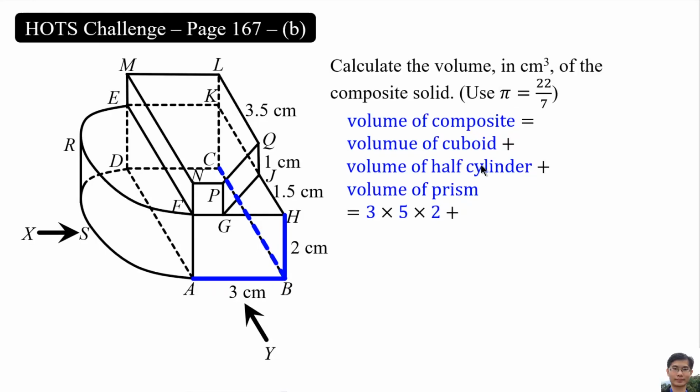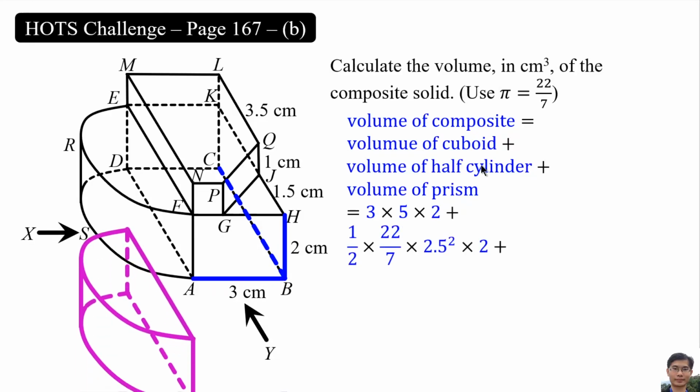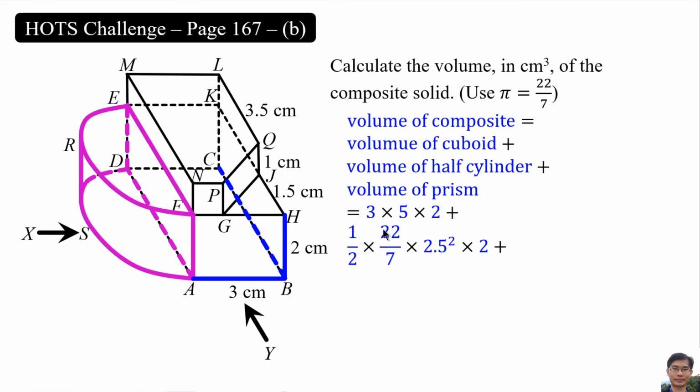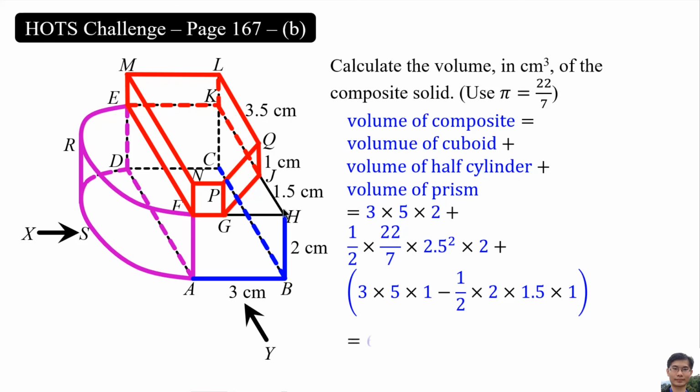The volume of the half cylinder is half times 22/7 times the radius 2.5 squared times 2. The volume of the prism is the volume of the big cuboid minus the volume of this triangle. So the answer is 63 and 1/7 centimeter cube.